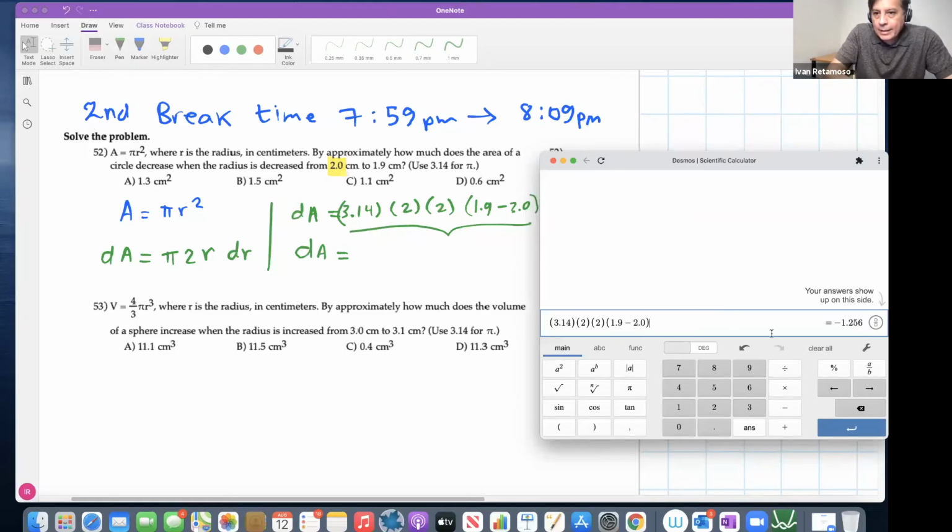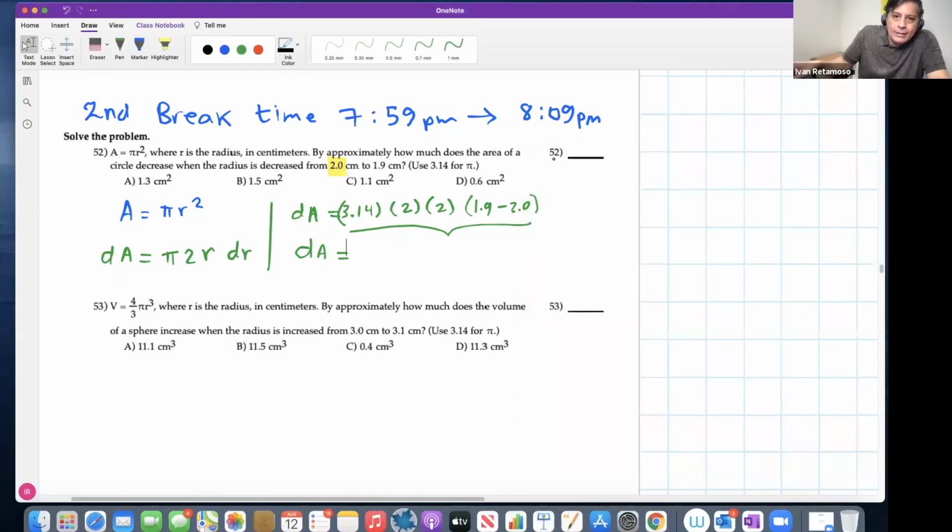All right, I get negative 1.256, which can be rounded to negative 1.3. Negative 1.3. Very good.